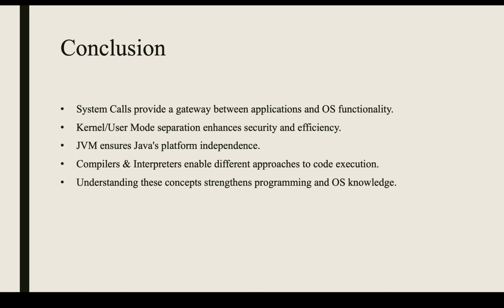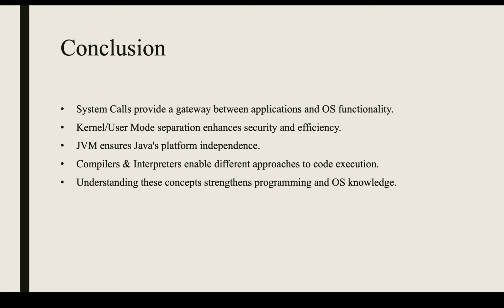To conclude today's discussion, we have learnt about system calls, which provide a gateway between application and OS functionality. Kernel and user mode separation enhances security and efficiency. JVM ensures Java platform's independence.